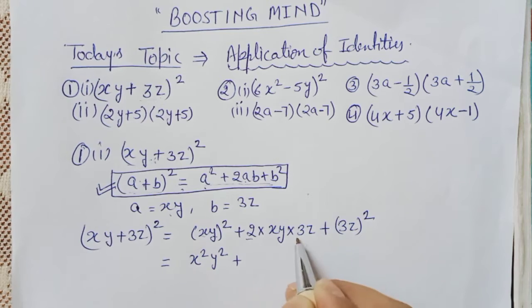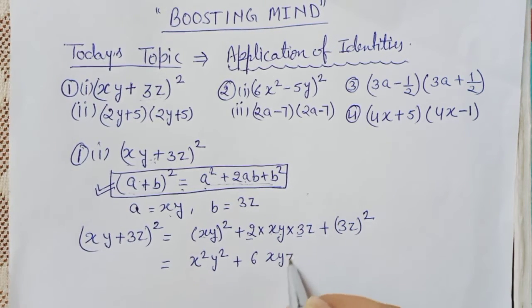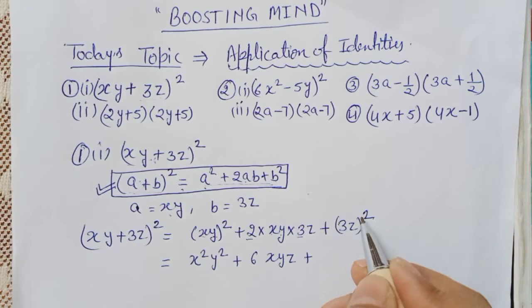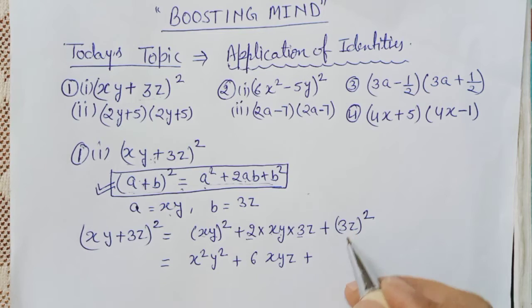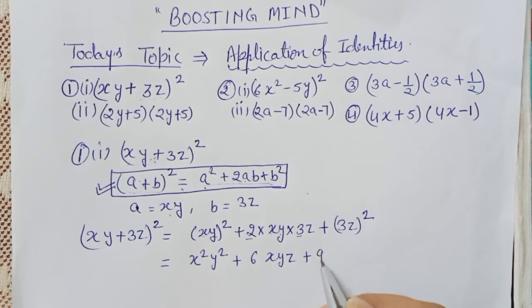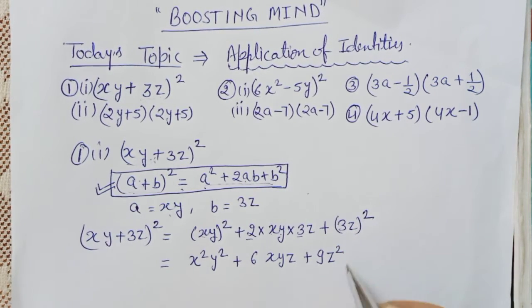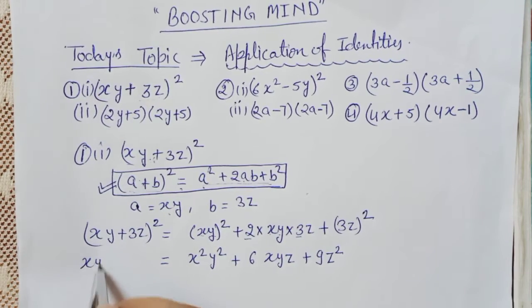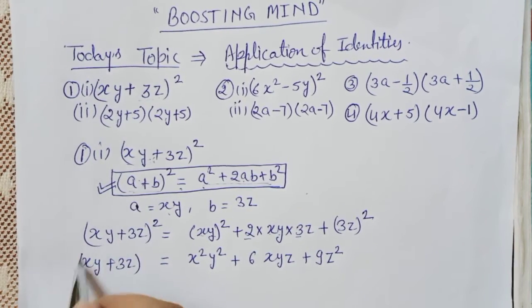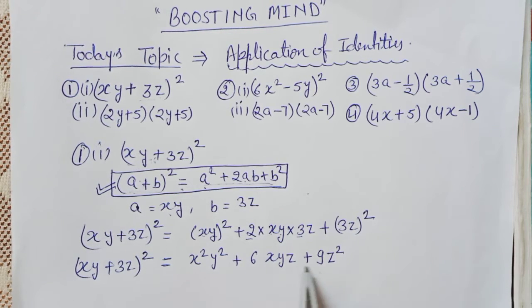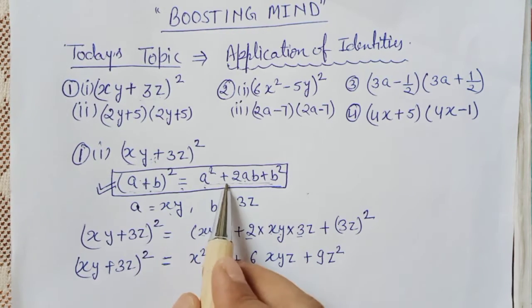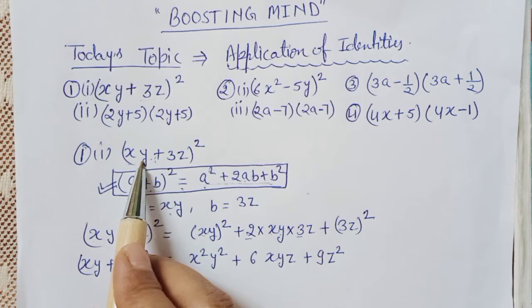Multiply the coefficients: 2 times 3 is 6, xyz, and (3z) square. (3z) square means 3z multiplied by 3z, so 3 into 3 will become 9 and z into z will become z square, 9z square. So we can write this polynomial like this, and we have applied the first identity in this question.